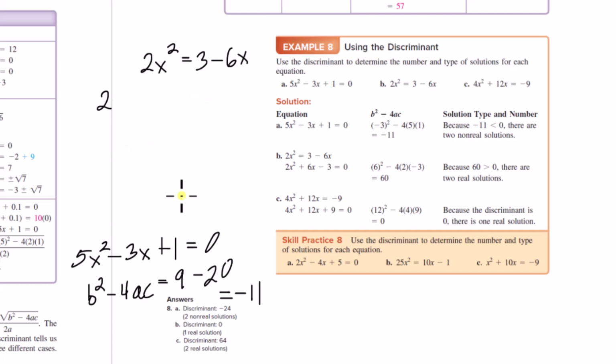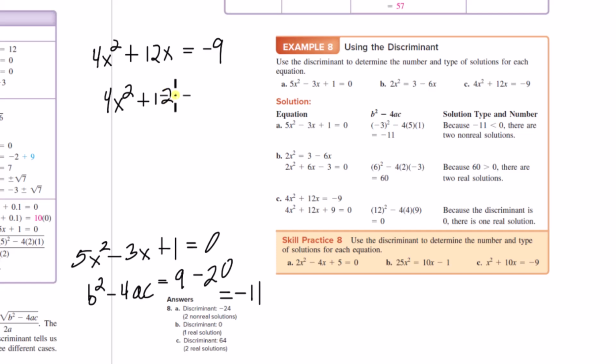Okay, what about 4x squared plus 12x is equal to minus 9? Okay, well, there's the standard form. So b squared, 144, minus 4 times 9.